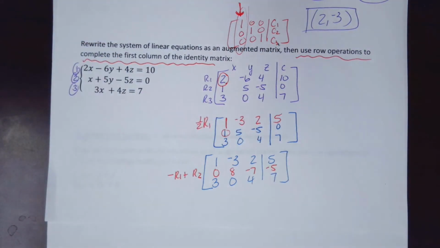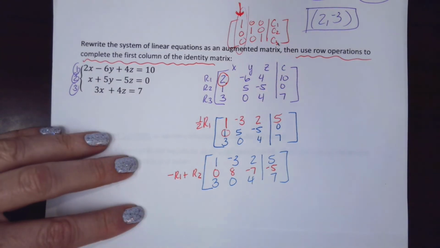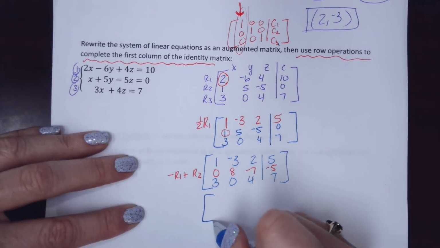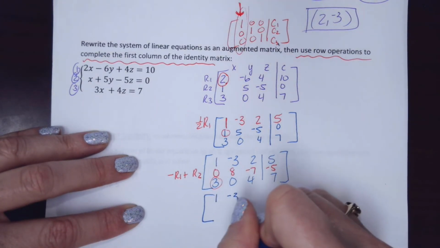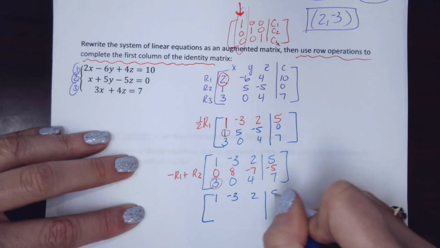That's my new row 2. All right, next row down, I need to get that last 0 in position. I need to change that 3 to a 0, so I'm not going to change the first 2 rows.